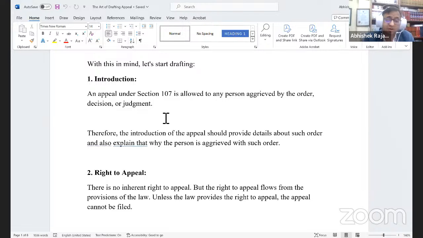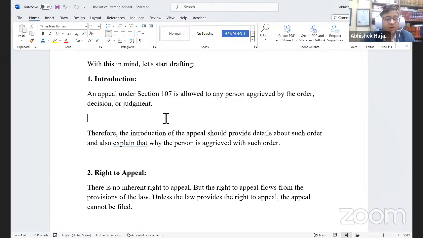The intimation of the order has been provided to me through email. This email was served to me on this date, causing a financial burden. That's why I am aggrieved. Or I had submitted my reply and the order was passed without considering my reply. Or I had requested an adjournment, which was not provided to me. Or I had requested a different date of personal hearing and it was not provided to me.